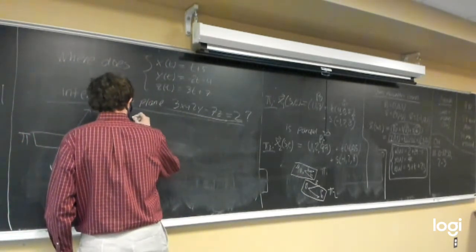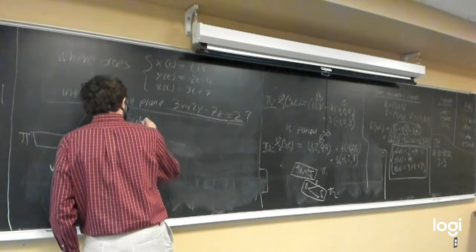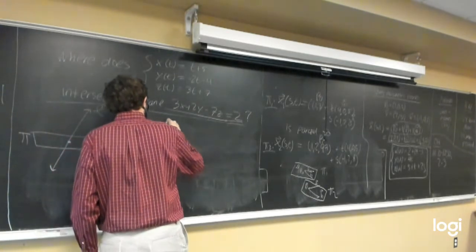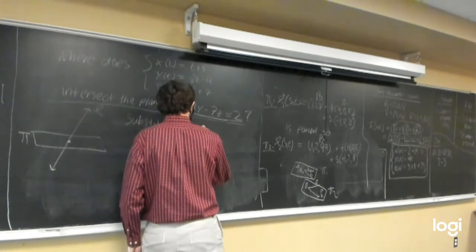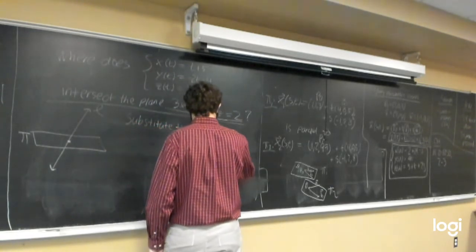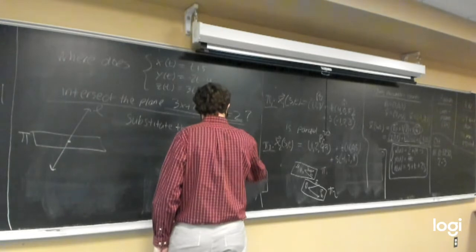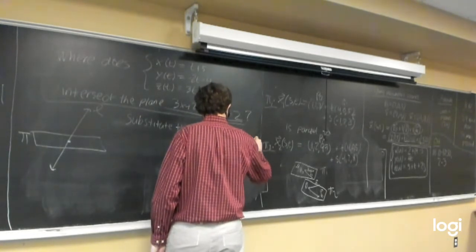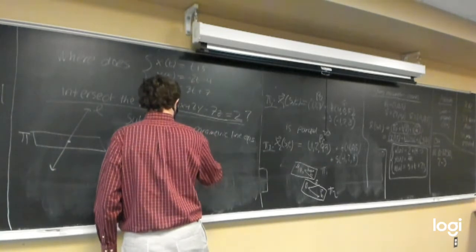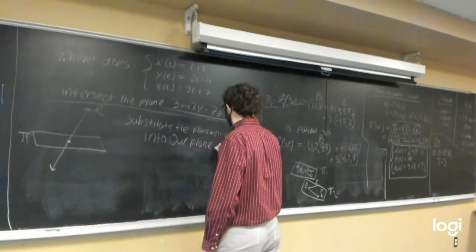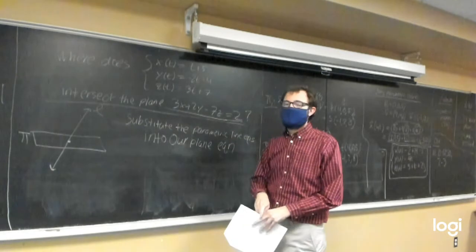So we're going to substitute the parametric line equations into our plane equation. I'm writing EQN for equation because I'm lazy.